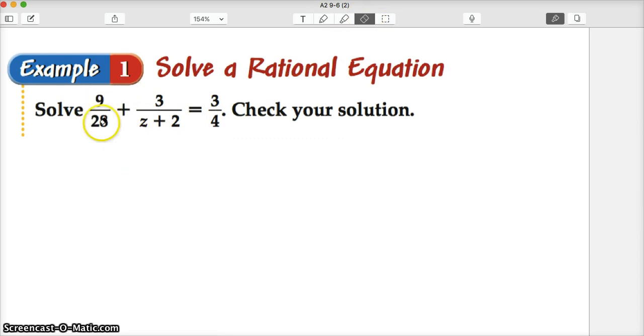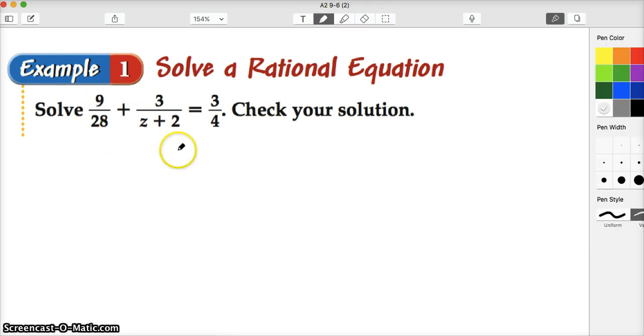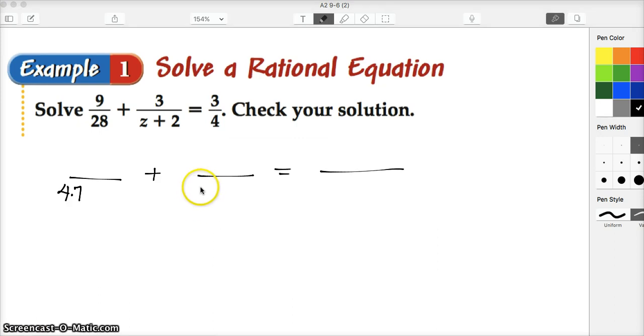But since I've got these three terms, I'm definitely going to look for a common denominator. So what would that be? If you remember earlier in the chapter, I would always say, hey, we need to make sure all of the denominators are the same and each denominator needs to be contained in my new denominator. So I'm just putting 28 with all of these, which is 4 times 7, 4 times 7, 4 times 7.